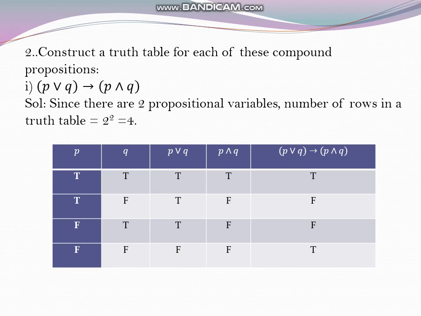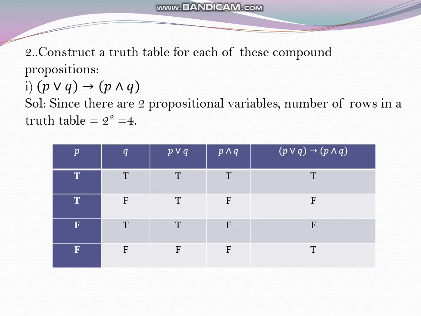Since it is an implication, it is false only when the third column is true and the fourth column is false. So it is false for TF, and therefore the second and third rows will be false, otherwise it is true. So this will give me the truth table for the compound proposition.